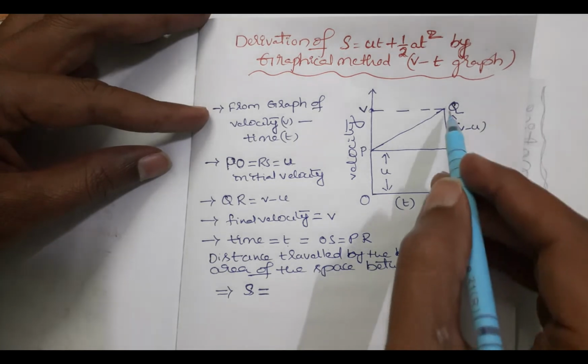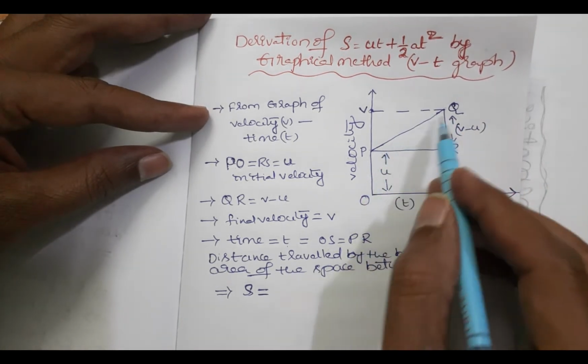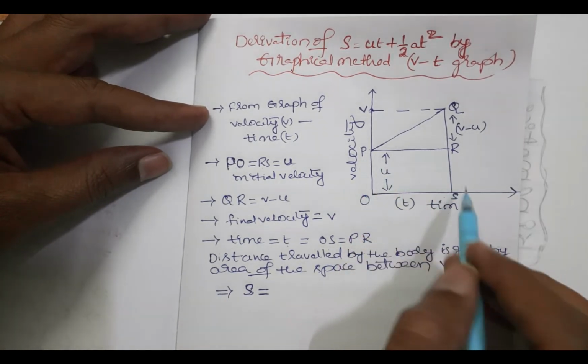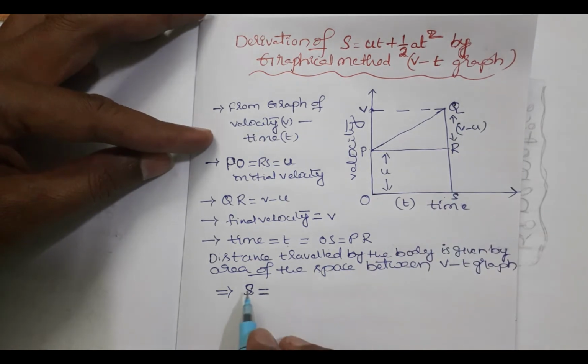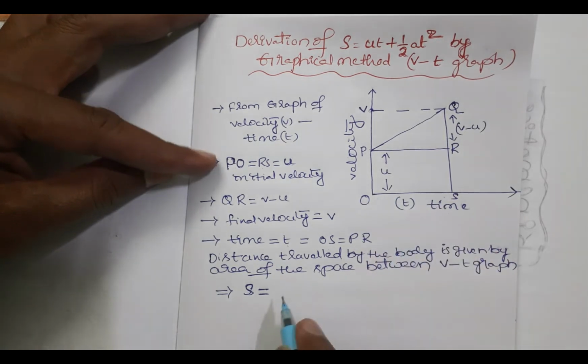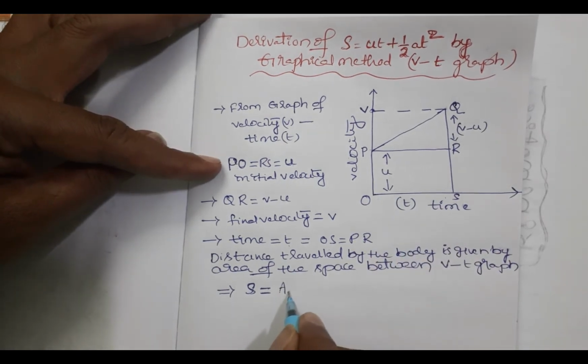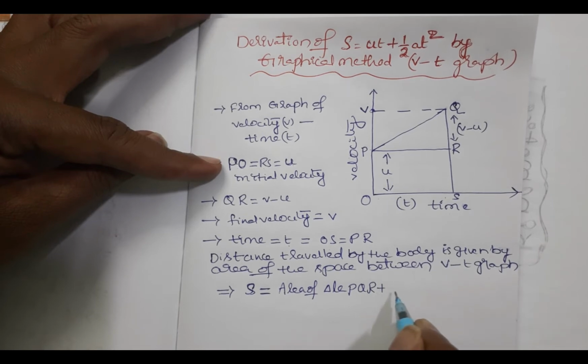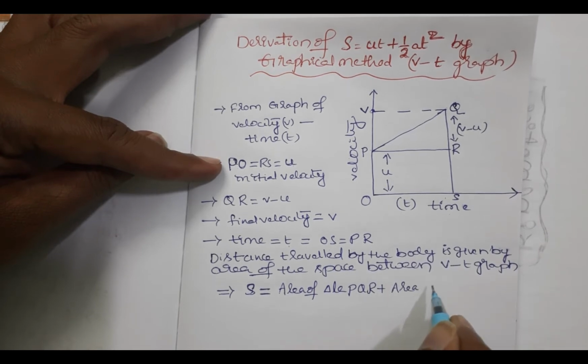So S equals the area of the space, but in this area there is one triangle PQR and another rectangle OPRS. This is a rectangle and this is a triangle. So the distance traveled by the body, S, equals the area of the space under the velocity-time graph, which is the area of triangle PQR plus the area of rectangle OPRS.